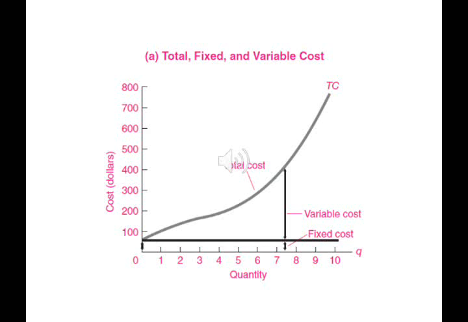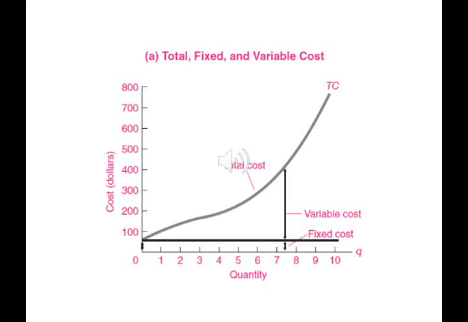So we will start at 55 on the y-axis and draw a horizontal line, which means that this fixed cost is 55 when 0 output is produced. When 1 unit of output is produced, it remains fixed at 55. When 10 units of output are produced, it remains fixed at 55. So this is what we mean by a horizontal line at 55.